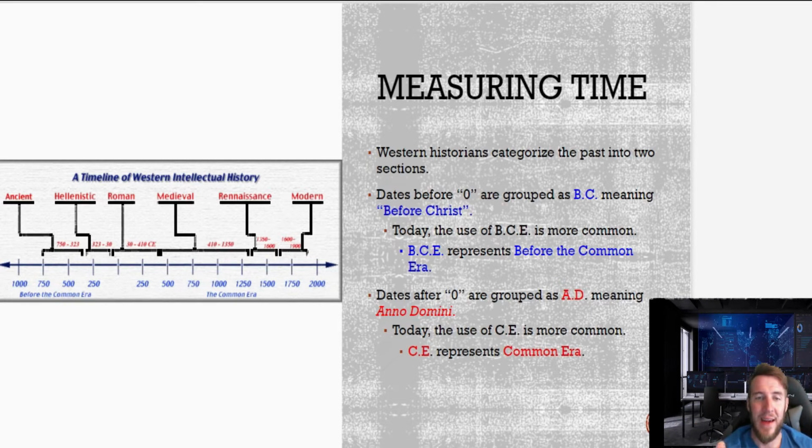Think of important dates in your family's history. Okay, so maybe your parents got married, let's just say 20 years before you. So if you were born in 2007, they were married 20 years ago, that would mean that they were married in 1987.